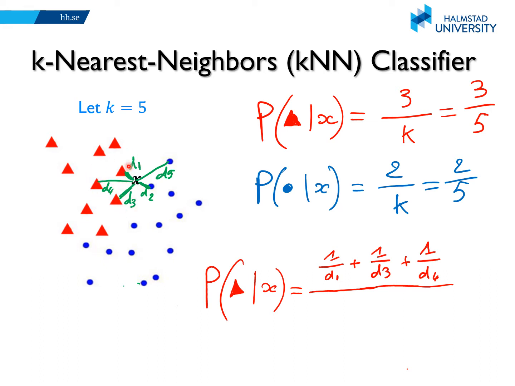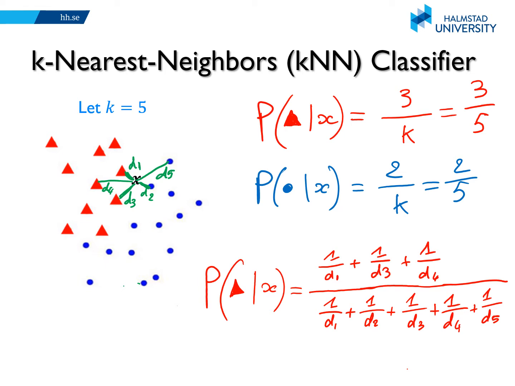So these are the nearest neighbors that belong to the red class, divided by the sum of all the similarities. So 1 over d1 plus 1 over d2, 1 over d3, and so on. We normalize this sum of similarities by the total sum of all similarities, so that this gives us a probability between 0 and 1.